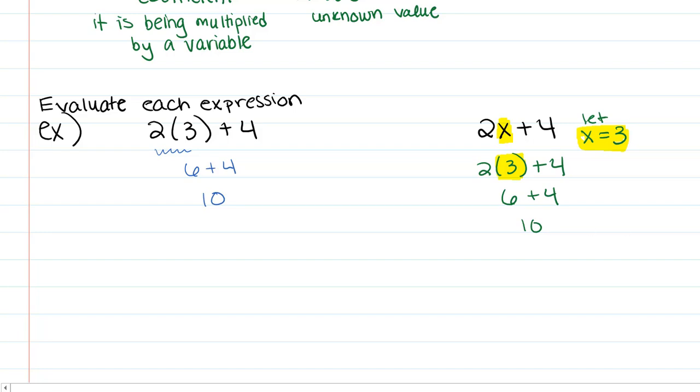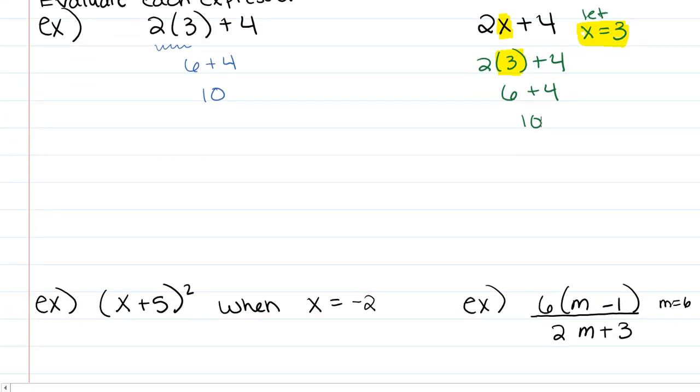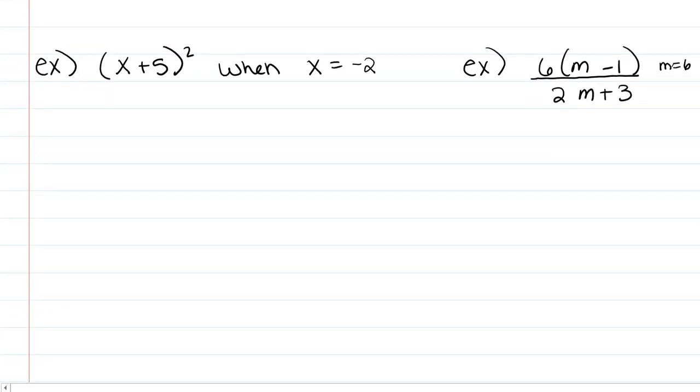All right, let's do 2 more examples. So example 1, this will be the first one to do, x plus 5 quantity squared, given that x is -2. So we're going to plug this number in, we're going to substitute it, is the actual correct term there, for x.